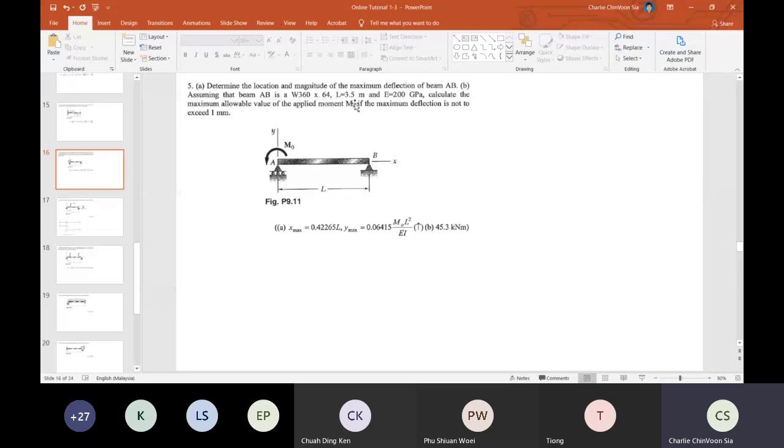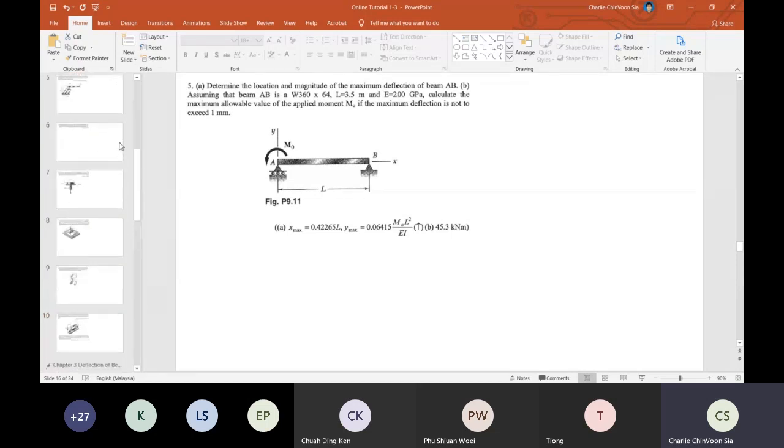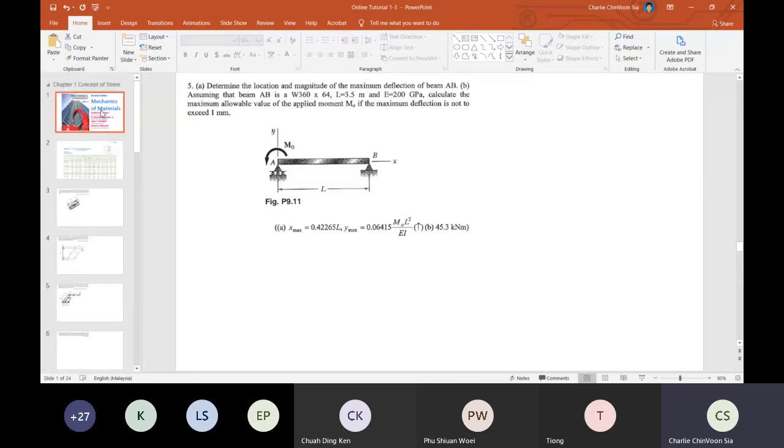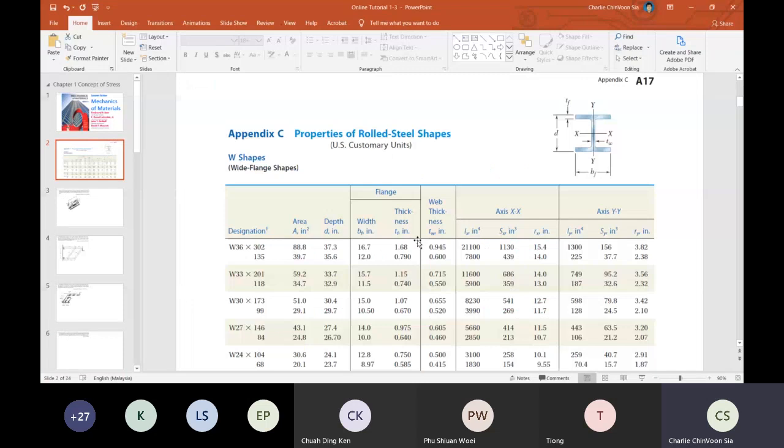For this property of the beam, you need to refer to the appendix of this book. You just go to appendix C, and then you are able to view the properties of the beam.